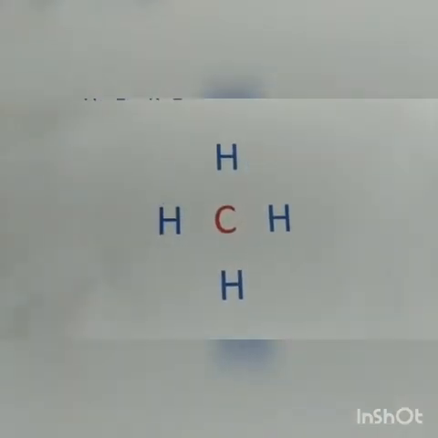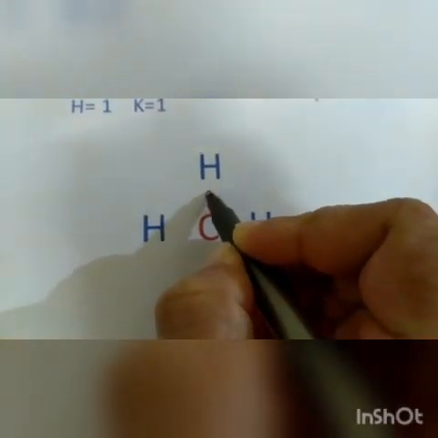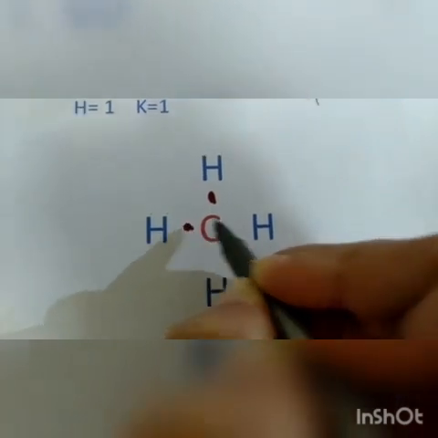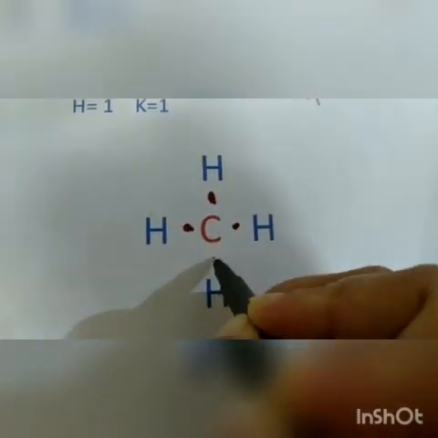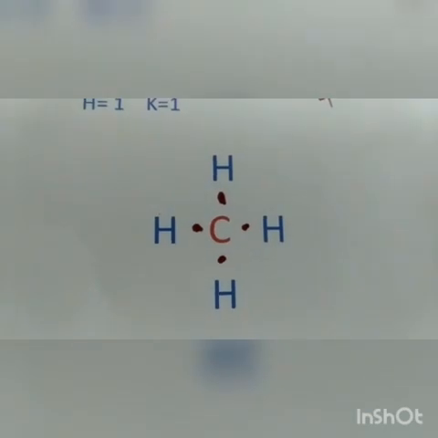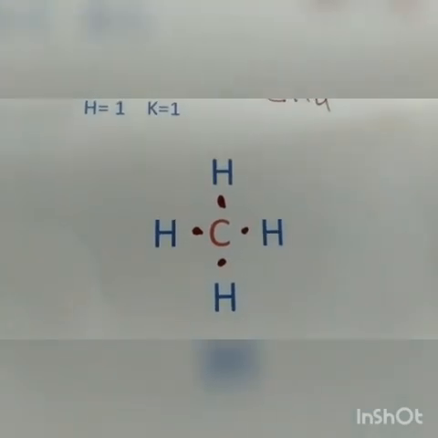Now we will draw the electrons of carbon. 1, 2, 3, 4. These are the 4 valence electrons.